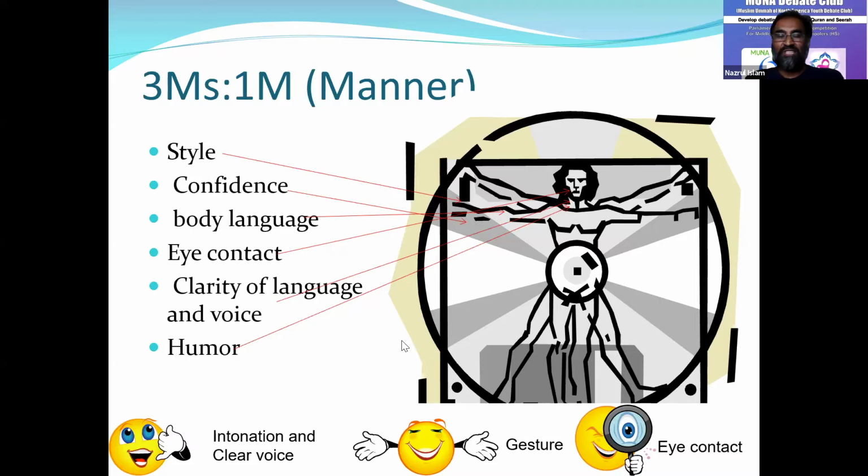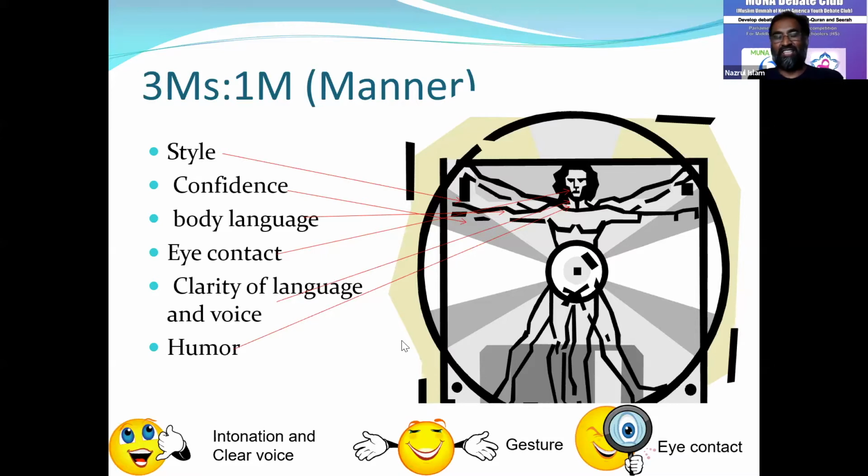This is intonation, right? But if you say it flatly, that doesn't make sense, right? When you're emphasizing something, you have to raise your voice. If you don't do it, people will not get your point and they will be bored when you do the lecture. So this is clear voice and intonation.